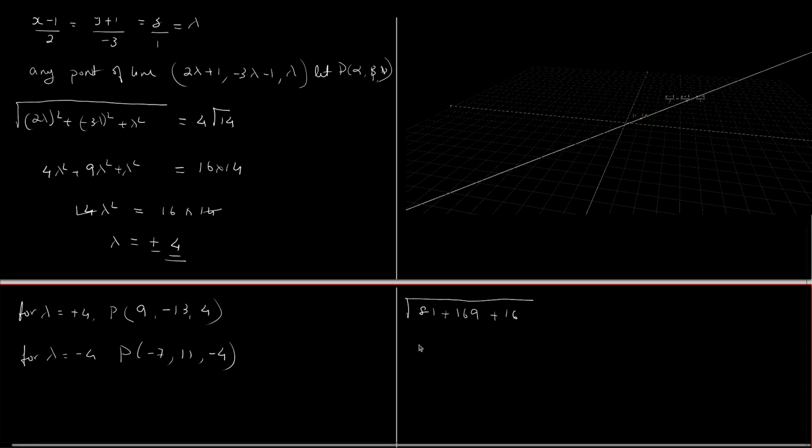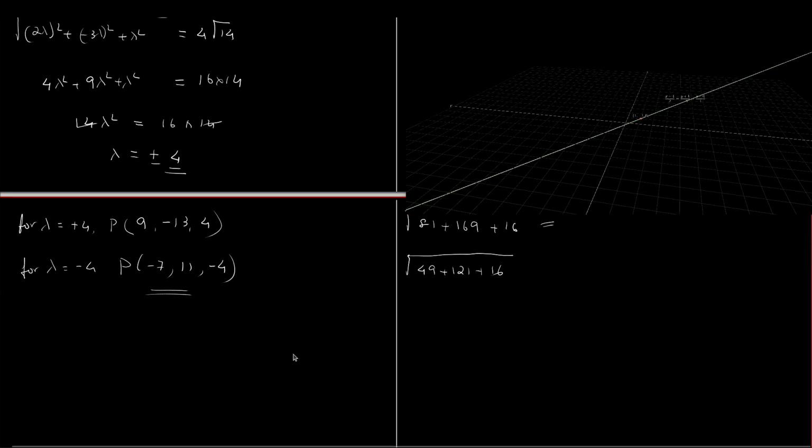For the second one, it is 49 plus 121 plus 16. By checking here, we know that the first has more value. So we need the point that is nearer to the origin. So that point will be (minus 7, 11, minus 4).